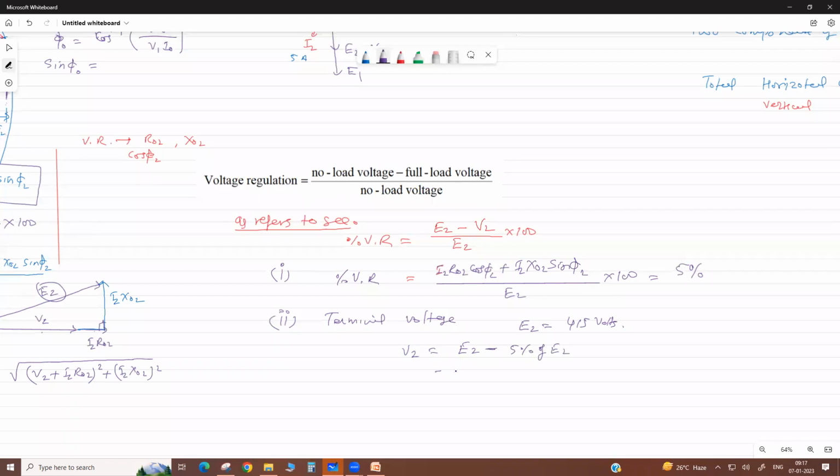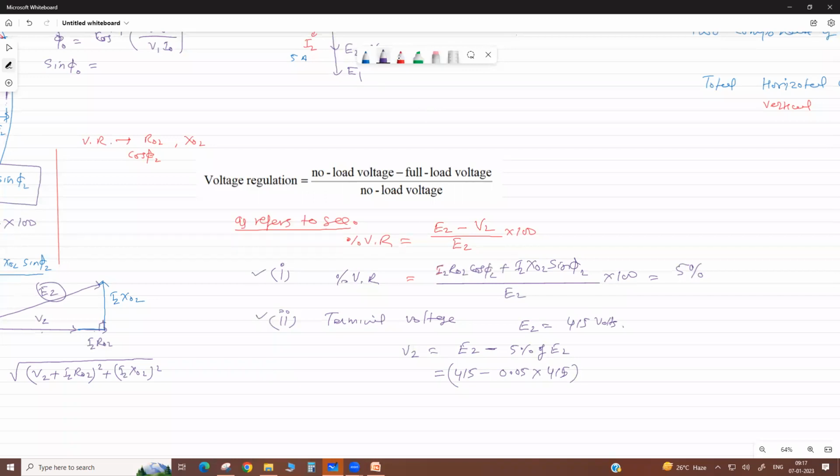So it is 415 minus 0.05 into 415, and this will give you the terminal voltage. This is in your numerical.